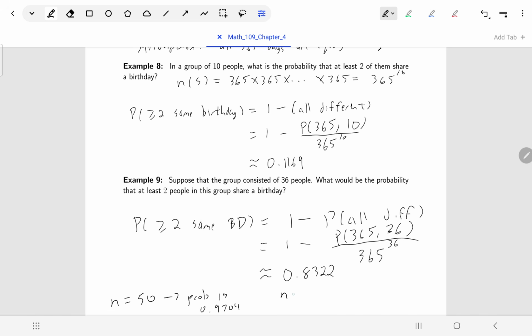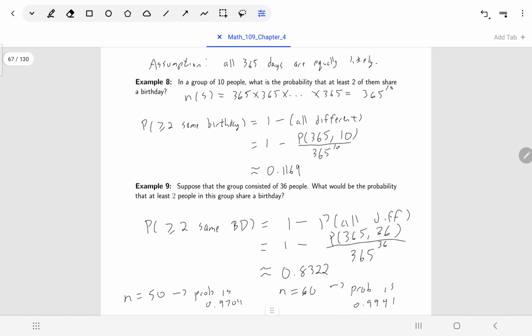And if you had 60 people in the same room, which is not that big of a group, the probability for you to have 2 or more people with the same birthday is above 99%. It's 0.9941.